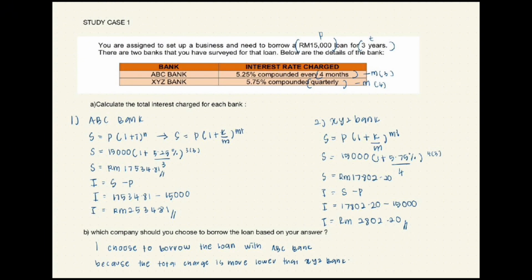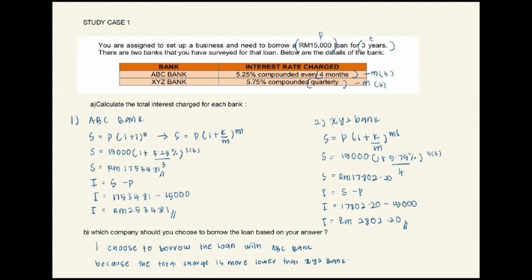The next is I, which is interest. The same formula as ABC Bank, I equals S minus P. I equals 17,802 ringgit 20 cents minus 15,000. And then we got I equals 2,802 ringgit 20 cents.